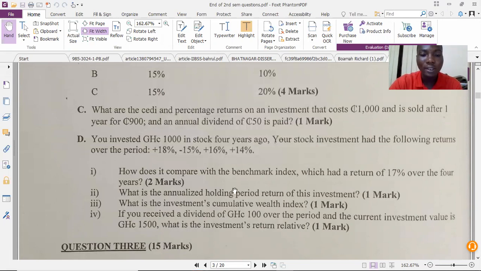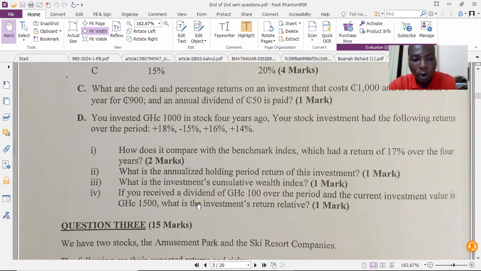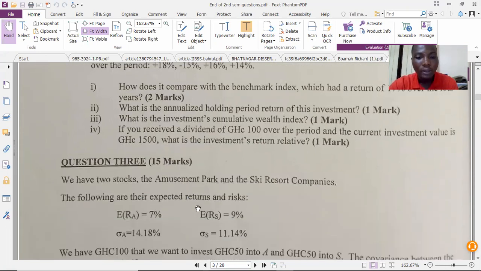If you've been asked to find the holding period return, annualized holding period return, and then total return, dividend yield, and then capital gain yield, all those ones, scoring the 1 marks over there.